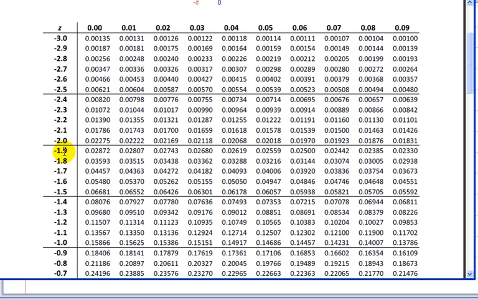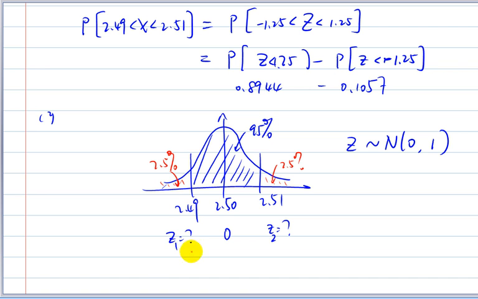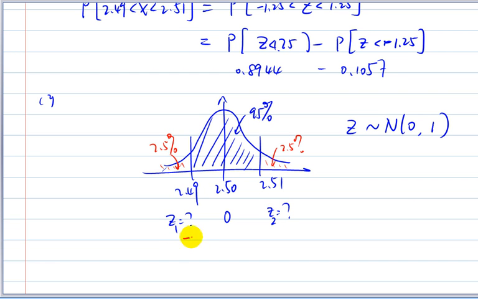So it's negative 1.96. A negative Z value, negative 1.96, results in an area to the left of 0.025. So this is negative 1.96.